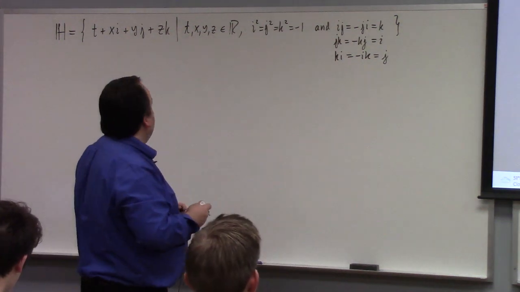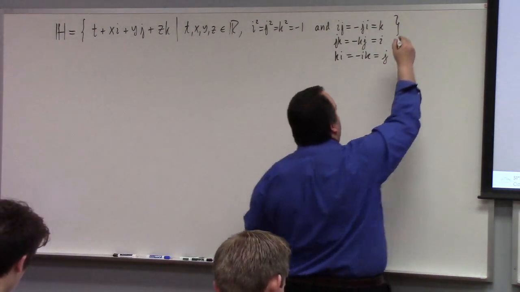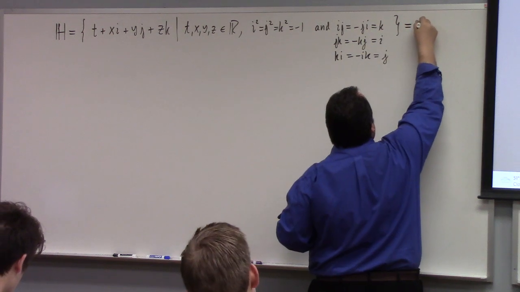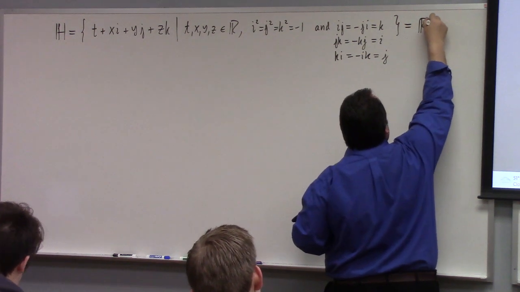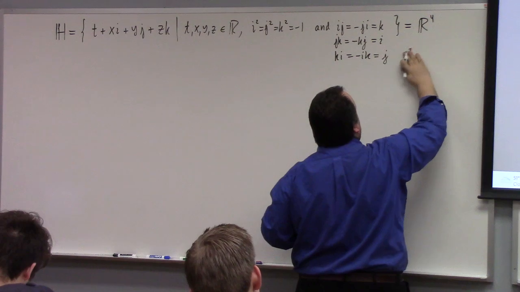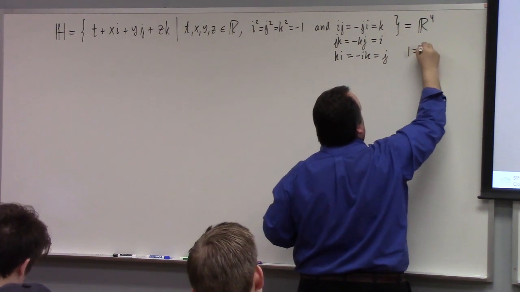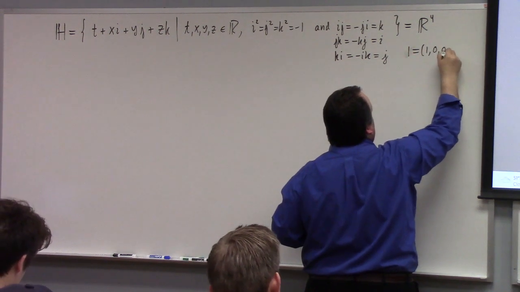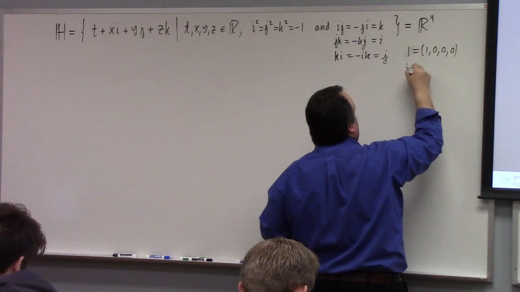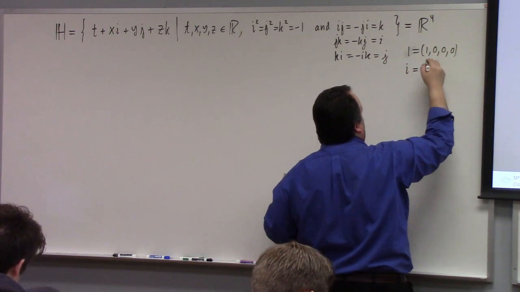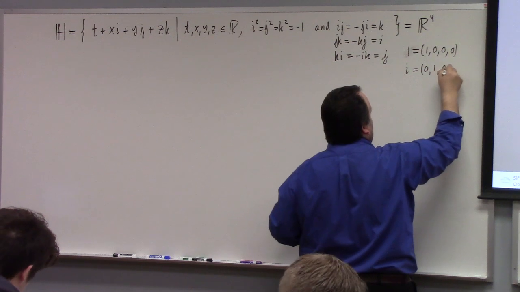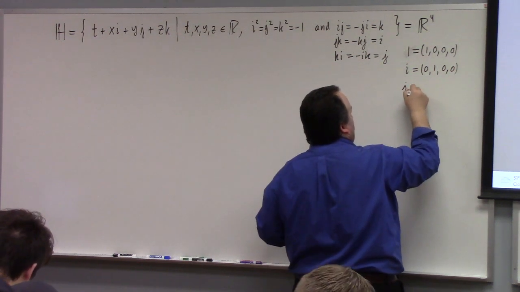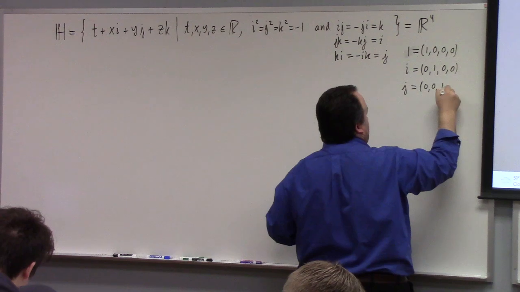All right. So as a point set, you can think of this as basically being 4 dimensions, like R4, where you could think about the number 1 being this one, the imaginary versor i would be 0, 1, 0, 0. The j you could think of as being 0, 0, 1, 0.